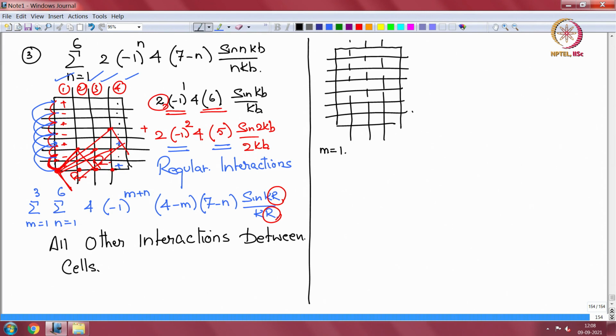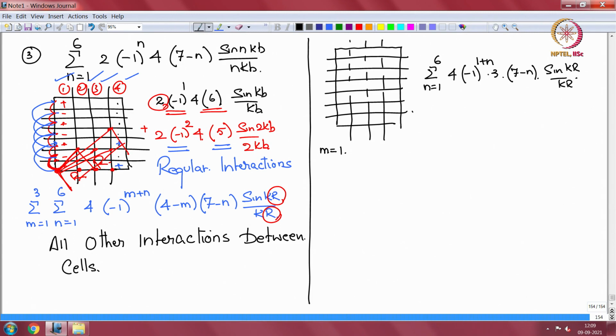So then we get what? The term is summation n goes from 1 to 6, 4 times minus 1 to the power 1 plus n, into 3, into 7 minus n, and sine of kr by kr.